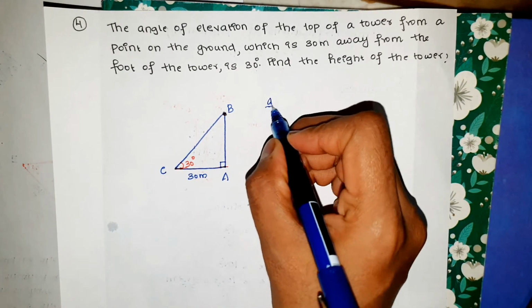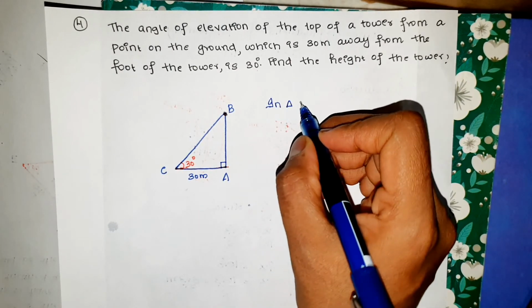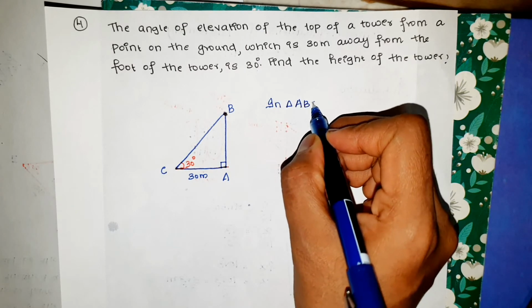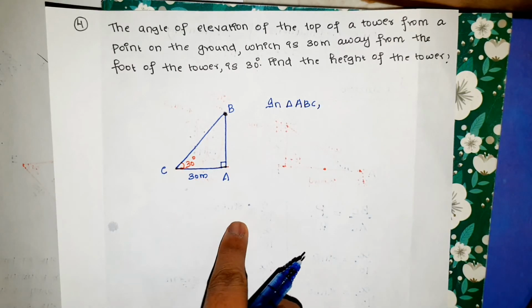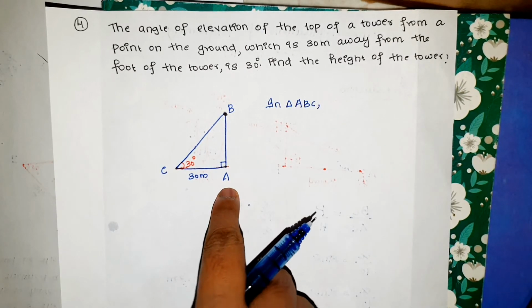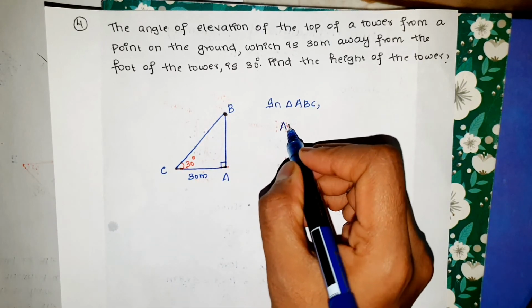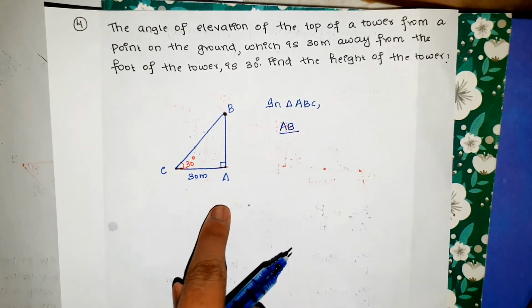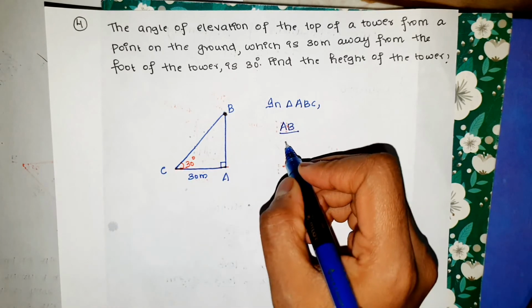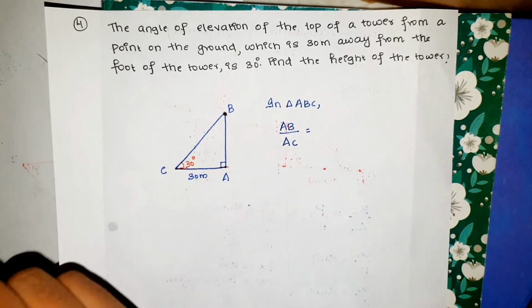In triangle ABC, what we have to find is AB. So AB divided by AC is equal to what?